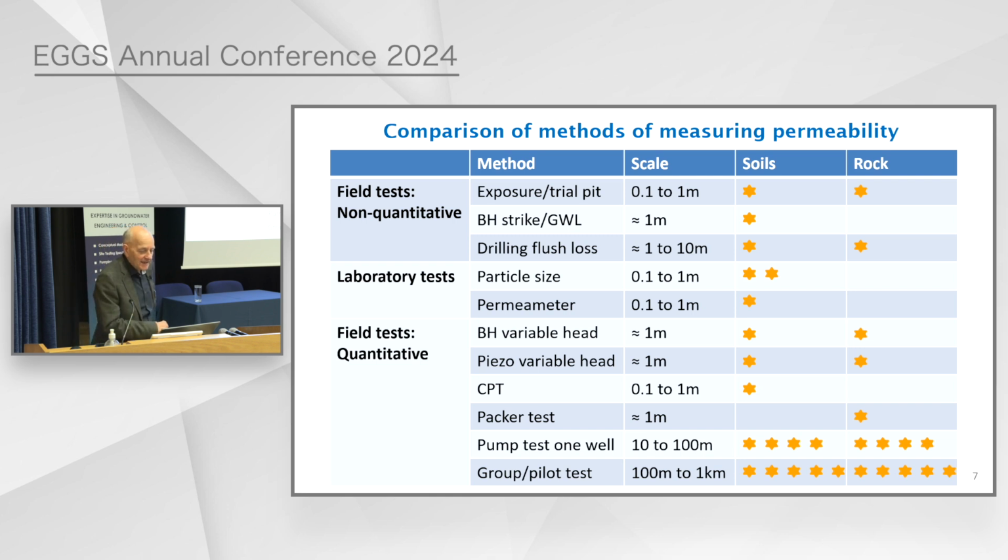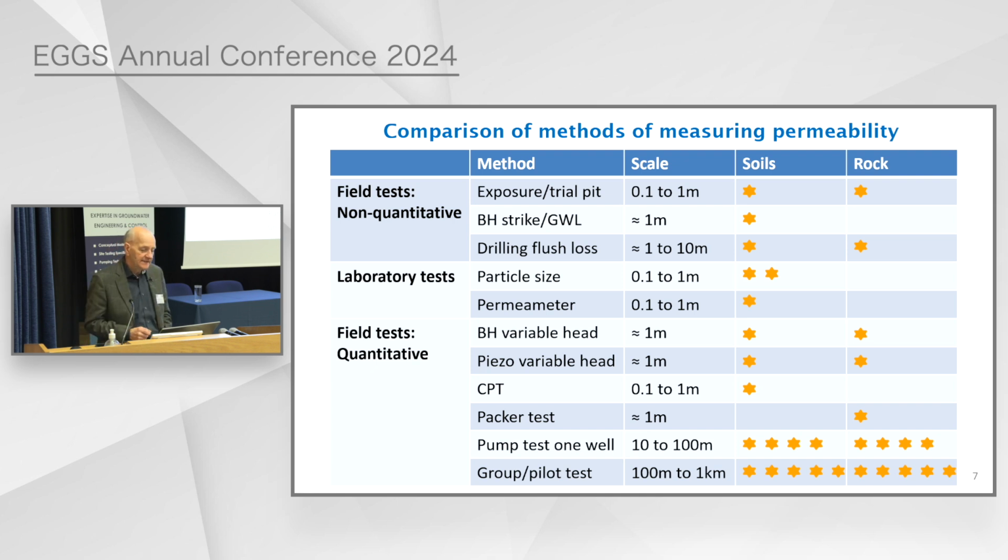And you can see that most of them only merit 1 star. I mean, particle size distribution, I did go for 2 stars. I angst for quite a long time about whether Packer tests should also have 2 stars, but in the end, I've just seen too many that don't give useful results to go that far.